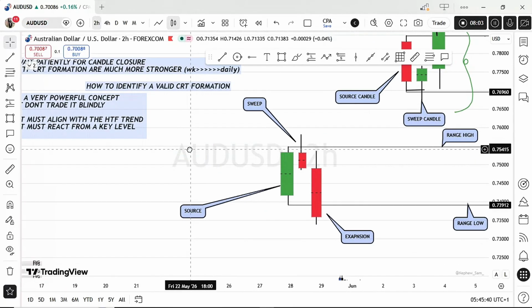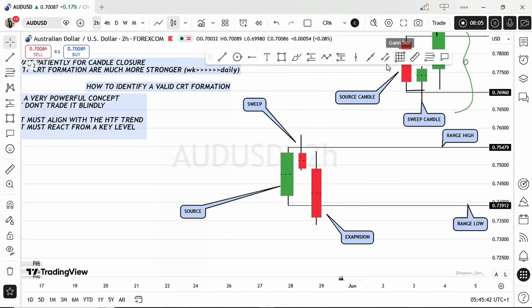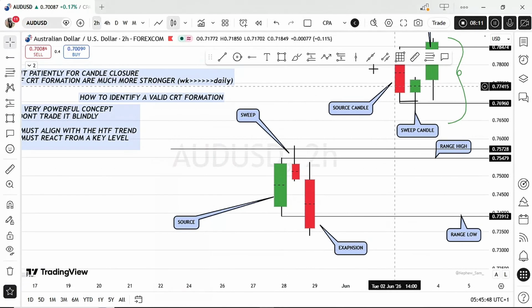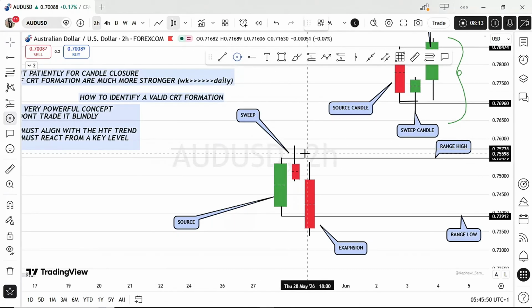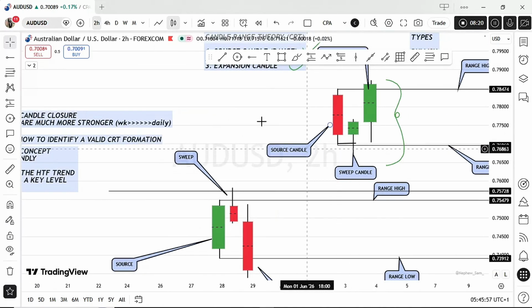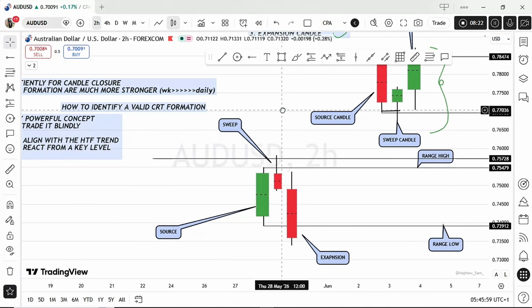And it must react from a key level. Let's say this is reacting from a key level, an A-shape level. I'll be teaching us that very soon. It must react from a key level. It might be an order block, a breaker block, whatever. And this one too must react from a key level. This is very, very, very important, right?